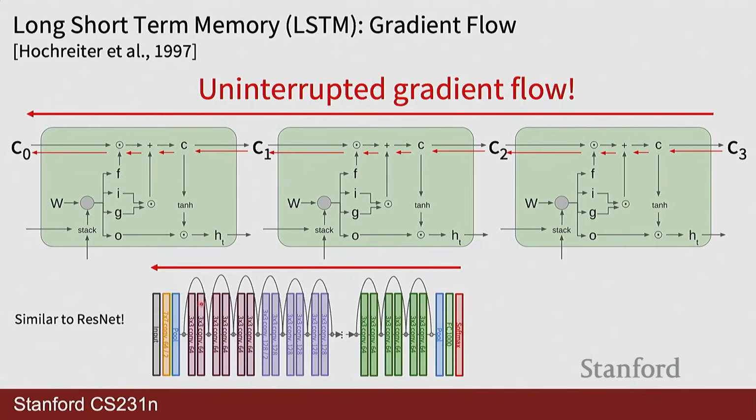In ResNets, you have multiple convolution layers stacked together, and then you add a skip connection where the value just gets added here. You can think of this in a similar light for LSTMs, how it's skipping over some of these layers, and it helps improve things as you get, in this case, instead of very large depth of the model, very long sequences of time steps. So it's a parallel, but a little different, because one is the number of layers and the other is the number of time steps.